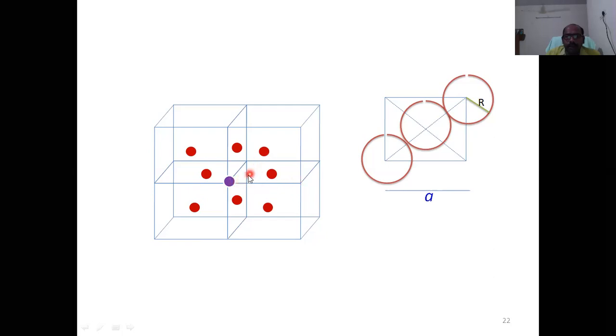They are outside this vertical plane, at a distance of a by 2 from it. So there are 4 lattice points: this face center, this face center, this one, and this one. Those 4 are the nearest neighbors.